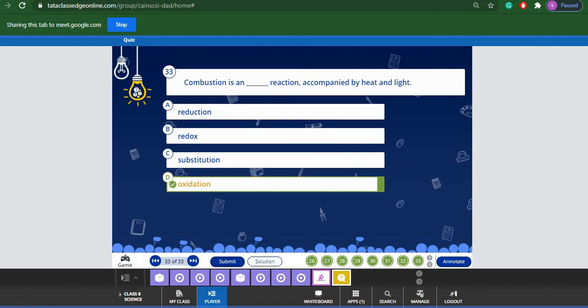Basically, combustion is one type of oxidation reaction, or it's one type of chemical reaction. And what kind of chemical reaction is this one? It's basically an oxidation reaction. It's oxidized. Anyway, thank you everyone. Thank you, sir.